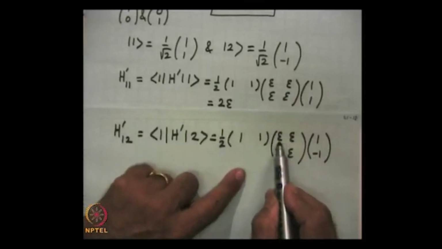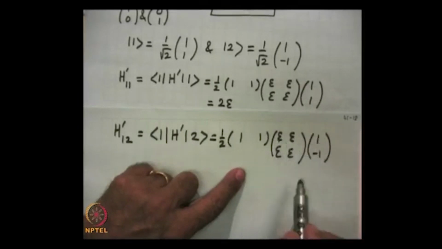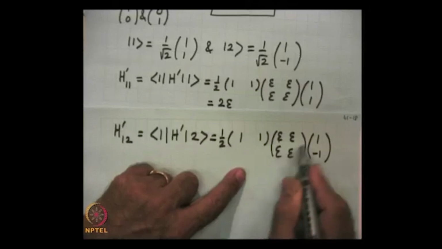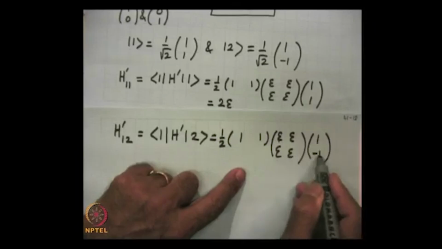Now please see, epsilon minus epsilon, that is 0, and epsilon minus epsilon, that is 0.